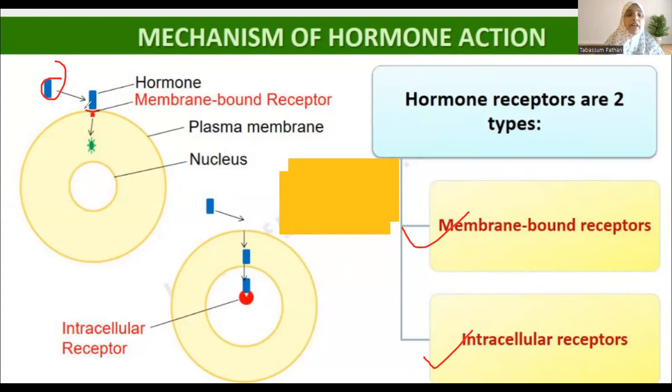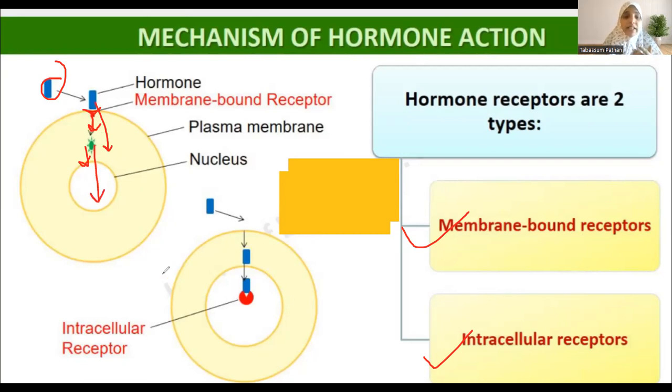It will just come and sit onto the receptor, and then the receptor will create changes by producing some other messengers or some other substances, and then the effect will be seen. The hormone cannot directly go in the cell. It will just bind to the receptor, and then the receptor will carry out further changes by producing some other molecules which will then go to the nucleus and create the changes.